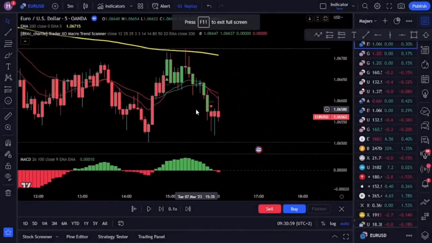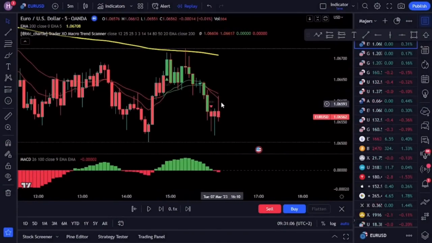Now that we have all these components of the trading strategy, let's take a closer look at the rules for a sell or short trade. Whenever a sell signal has been given by the first indicator, which is the macro trend scanner, and all of those conditions have been met, we go to our second indicator, which is the MACD histogram.